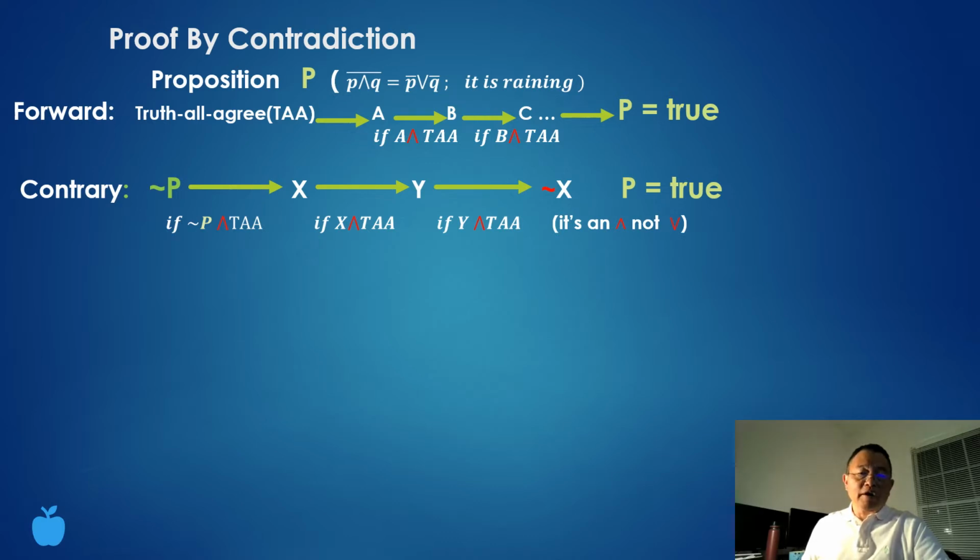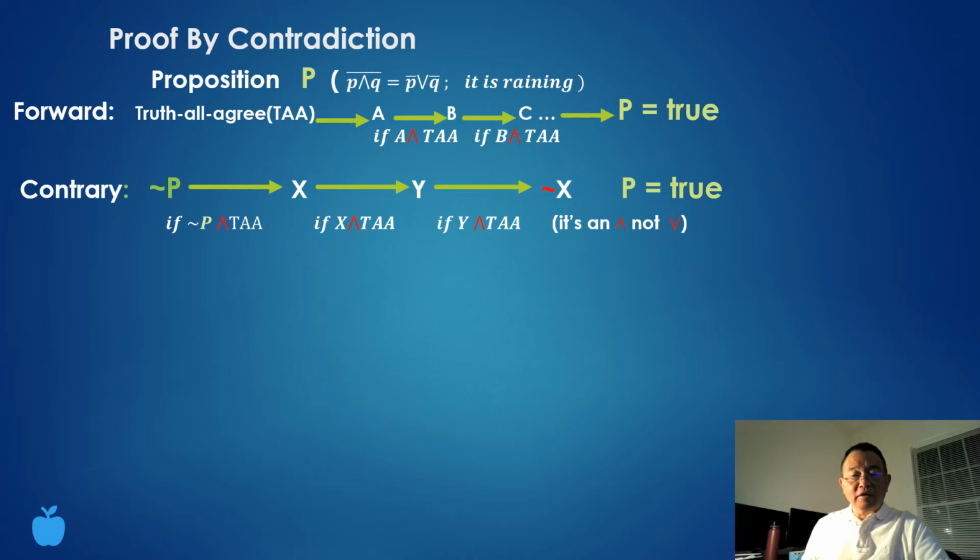For example, if you have not P, you arrive at another statement X and another step Y, and maybe more steps in the middle. But as soon as there's a negation of a previous step, you're done.